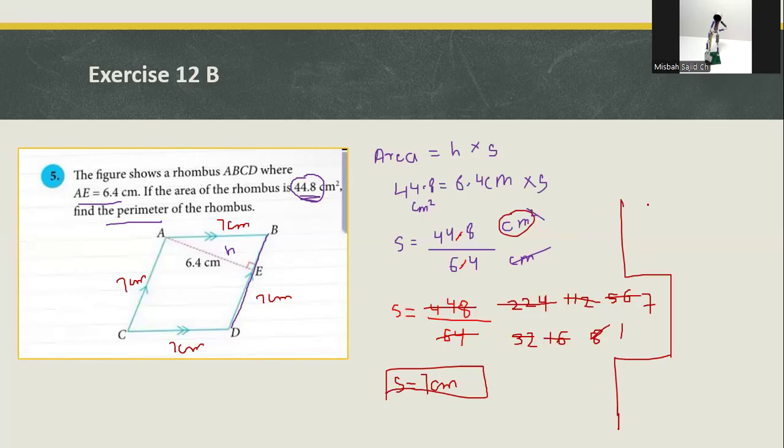Next, we have to find the perimeter. The perimeter of a rhombus is the sum of all the sides, or as this is a rhombus, just multiply 7 by 4.